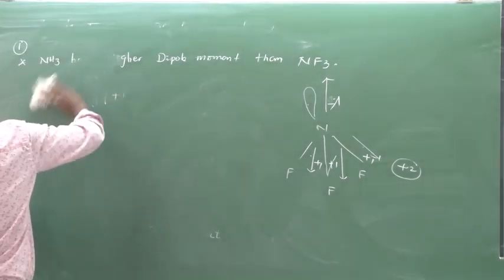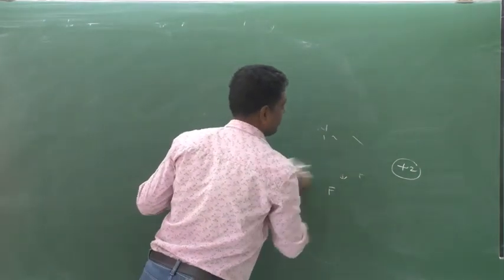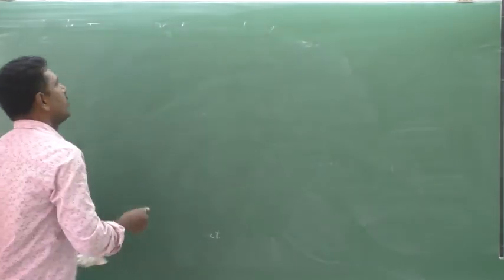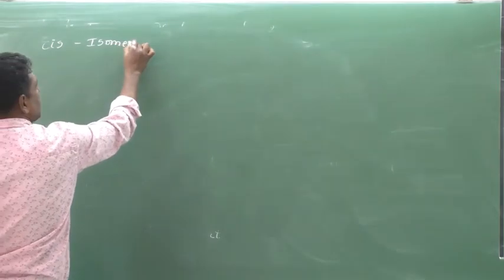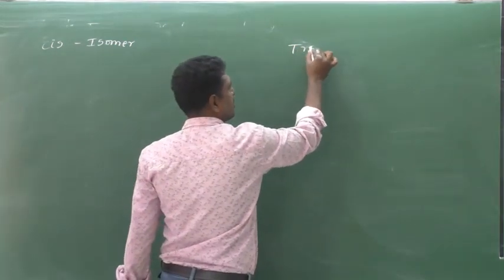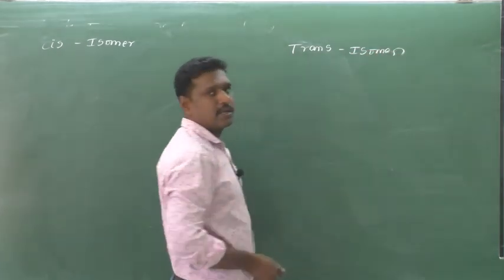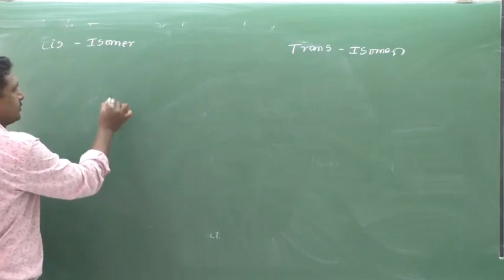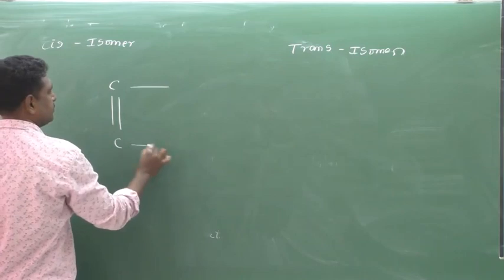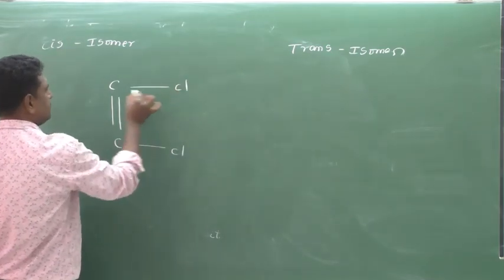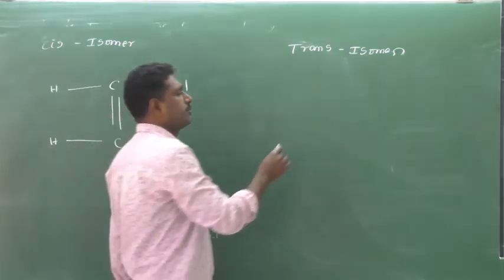For example, cis isomer and trans isomer, I will explain here. This is the cis isomer.